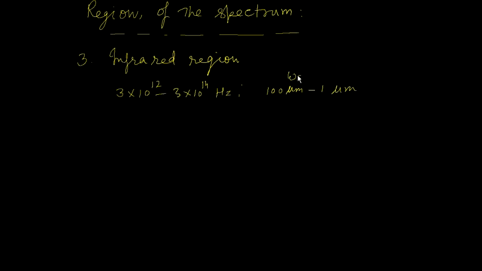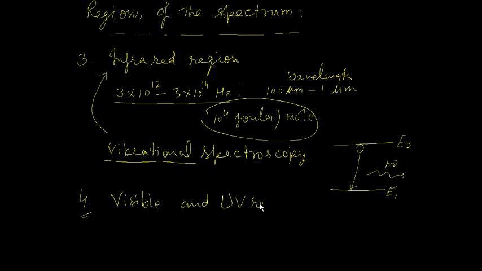This is the wavelength of this region, and this is the frequency range. If you calculate the energy of this region, it is of the order of 10 raised power 4 joules per mole.